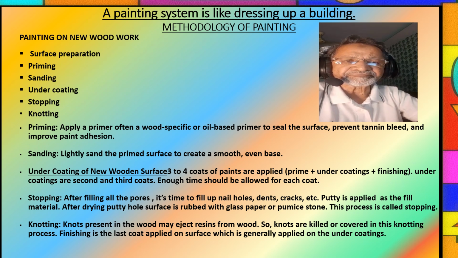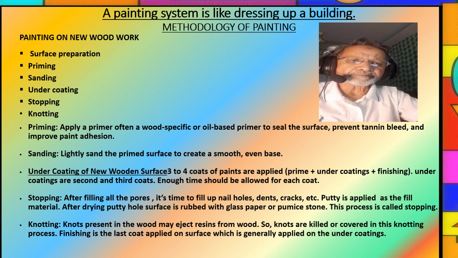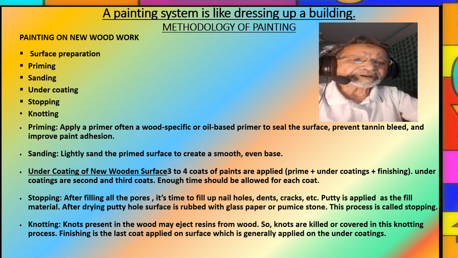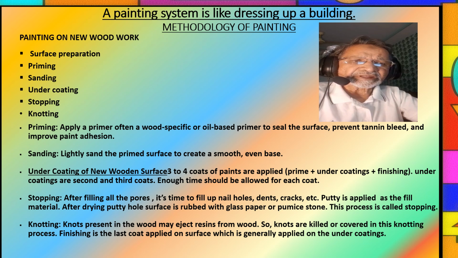Knotting is defined as follows: knots are where branches grow from the main trunk in most trees. Apply paint to the knot area first. Let it absorb, then repeat several times. Then finish the board.